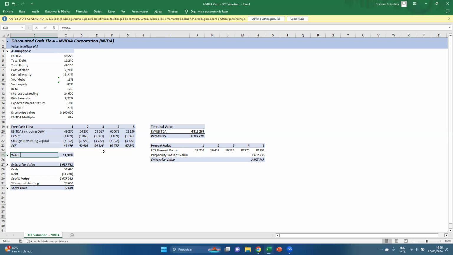Then we're going to calculate the WACC, the weighted average cost of capital, as I said.